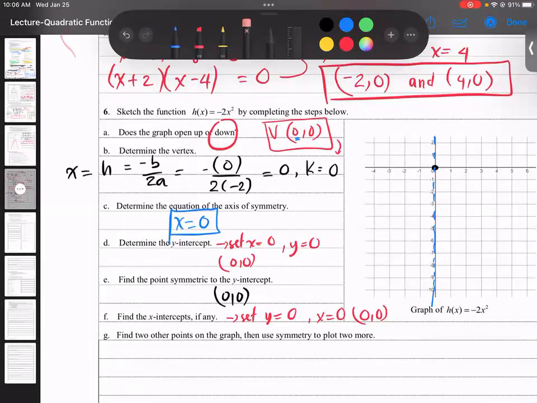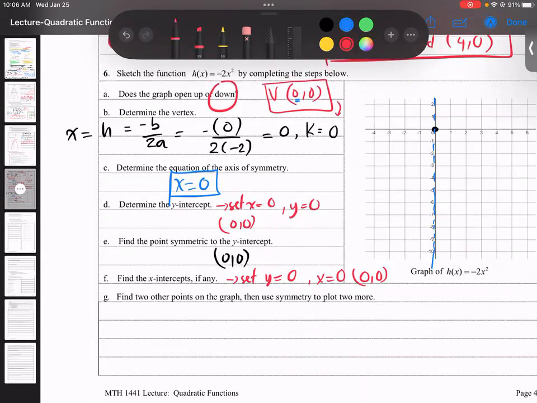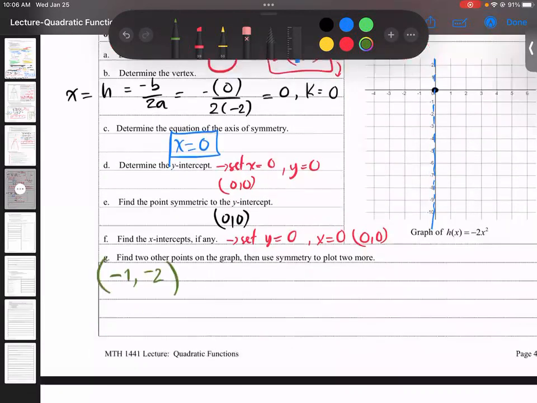If I choose x is -1, what's y equal? Very good, -2. You plug it into y equals -2x squared. When x is -1, -1 squared is +1, times -2 is -2. One more.